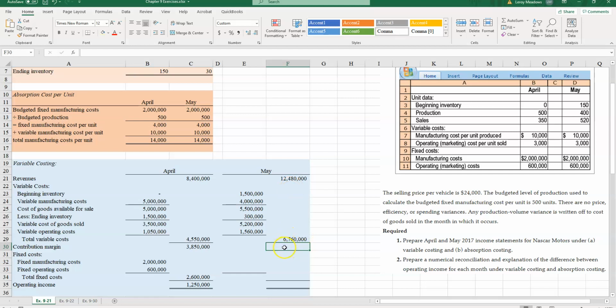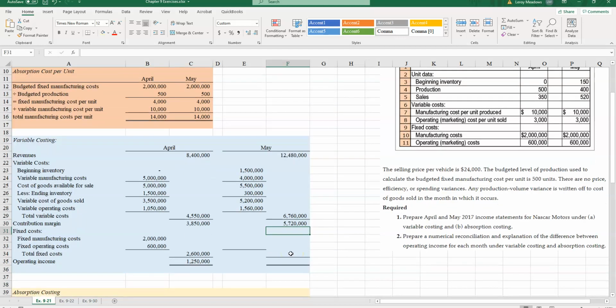Revenues minus my total variable costs, and that gives me $5,720,000. Okay, now let's take a look at our fixed costs. Again, according to the information here, I have $2 million in fixed costs, and then I also have operating fixed costs of $600,000. So those did not change.